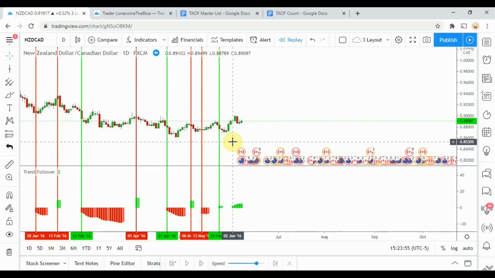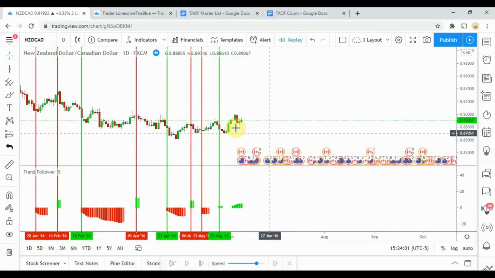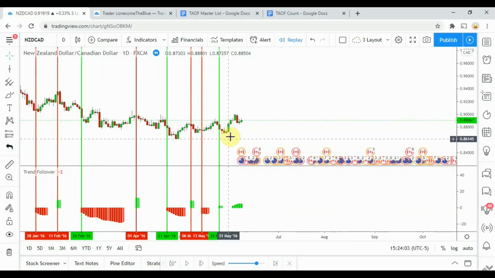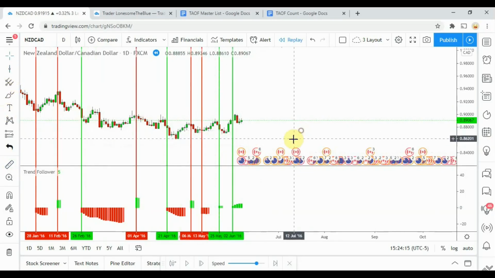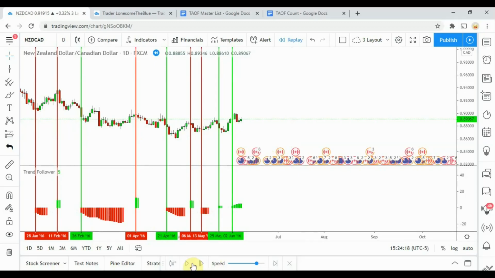Then we pick up another long over here on this side. Technically, we would have probably still been in this trade, but let's go ahead and mark this one as a trade of its own, which does work out for us.